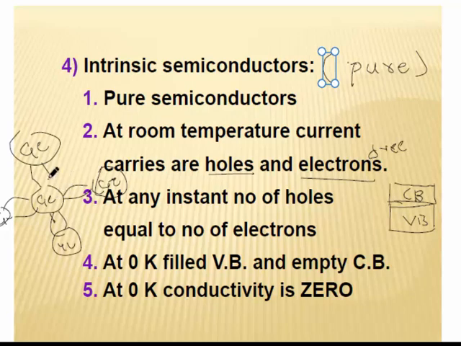As you increase the temperature, some of the electrons break the bonds. When an electron breaks the bond and comes out, it creates a vacancy. One electron causes one hole, which is why electrons and holes are equal in number.